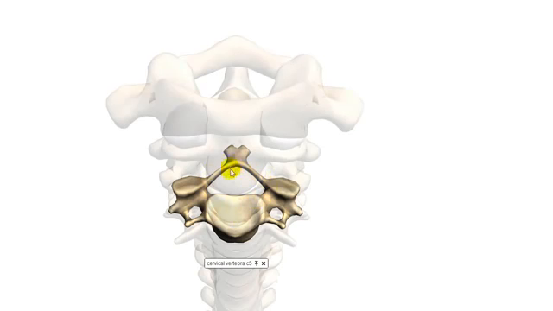So this big hole in the middle, which is surrounded by the neural arch, is known as the vertebral foramen, and that's where the spinal cord runs, so it's protected by this bony arch that surrounds it.